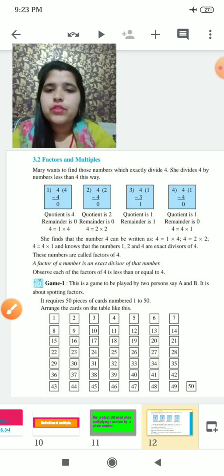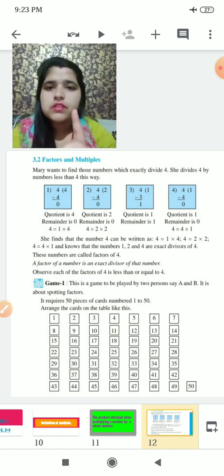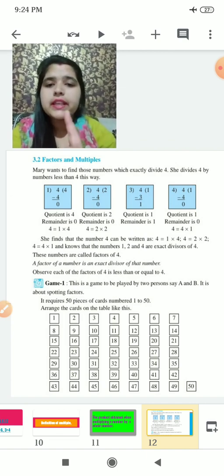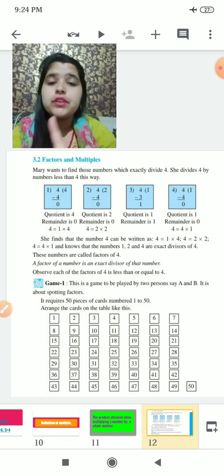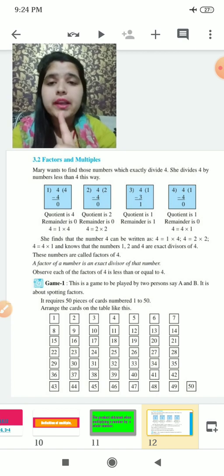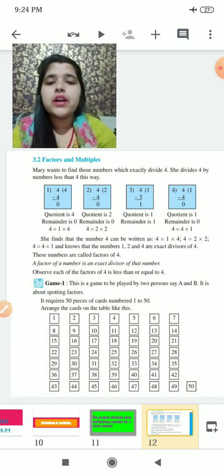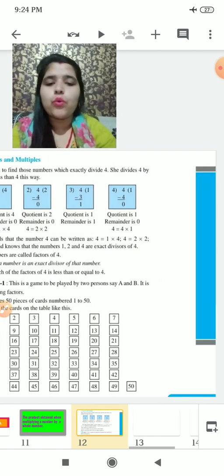So what we have discussed in factor and multiple is that a factor of a number is an exact divisor of that number. It will be completely divisible by that number, having a remainder 0.